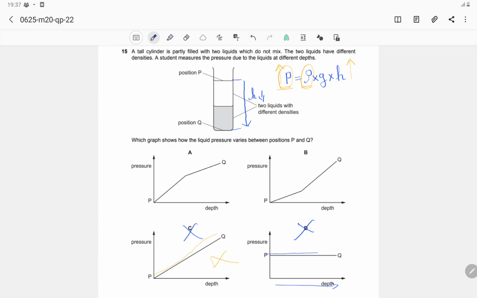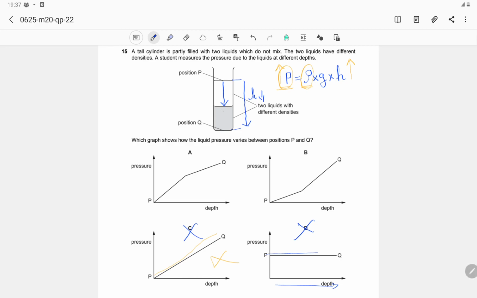And in option A and option B, you can see there are two different sections, so it will be for two different liquids. But here you need to know, from P to the surface of the second liquid, the first type of liquid, you will have a particular increment in pressure.